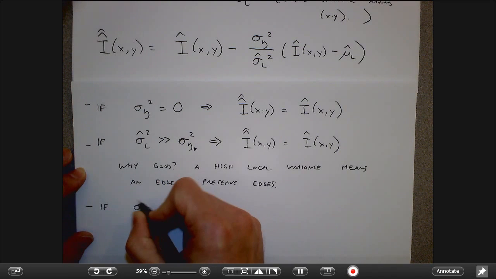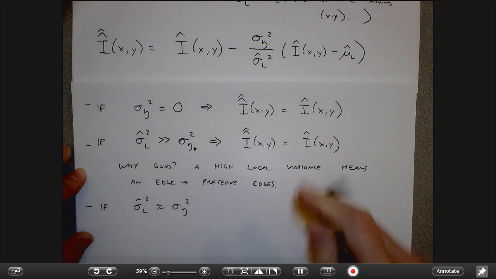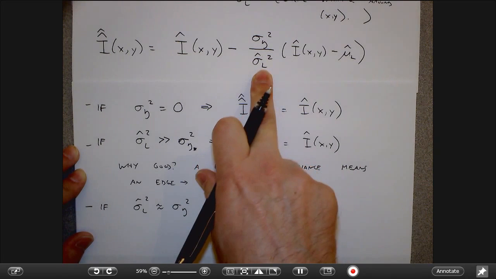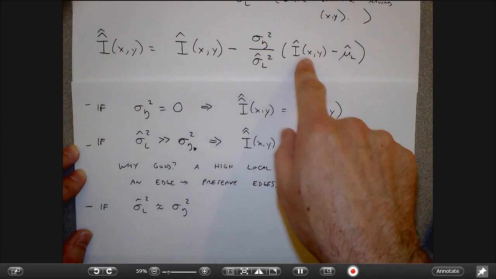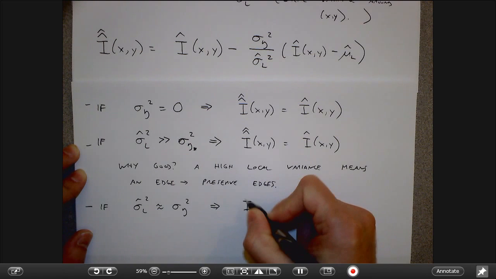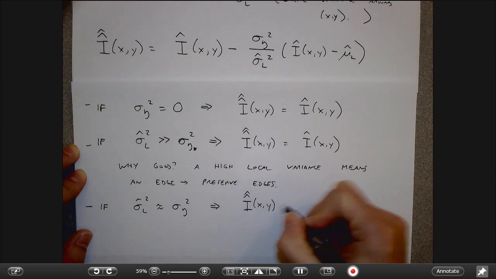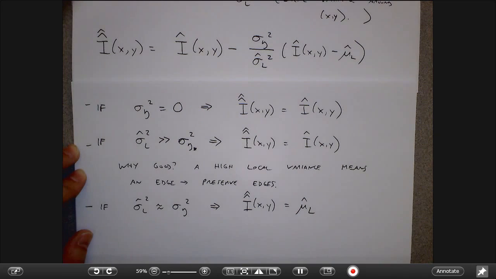On the other hand, if the local variance is about the same as the global variance, then this number is 1, which means take this, subtract this, and then just add the mean. So my estimated output is going to be basically the mean.